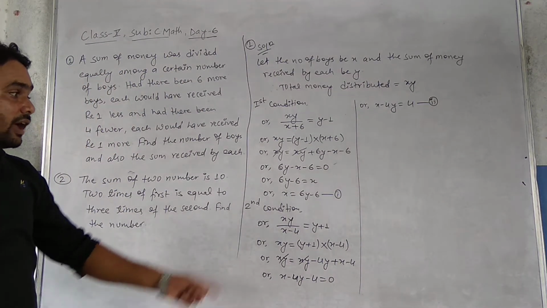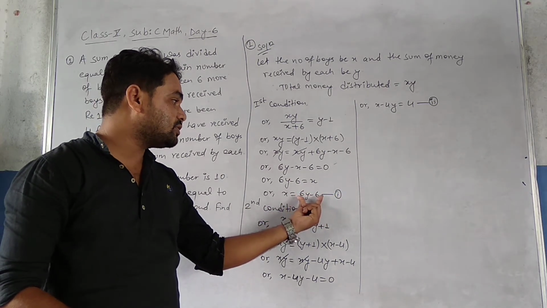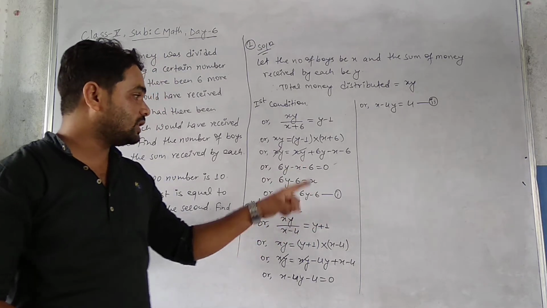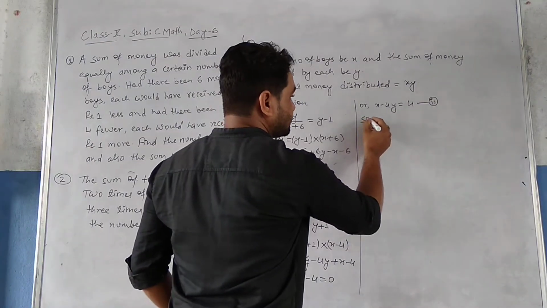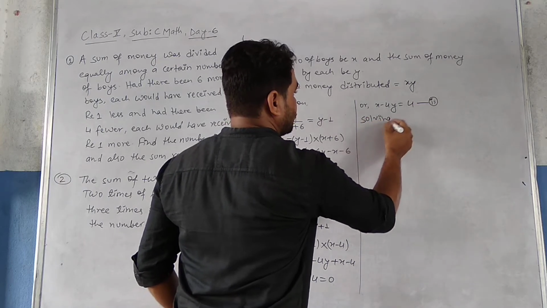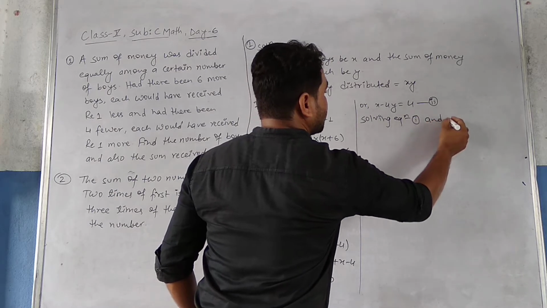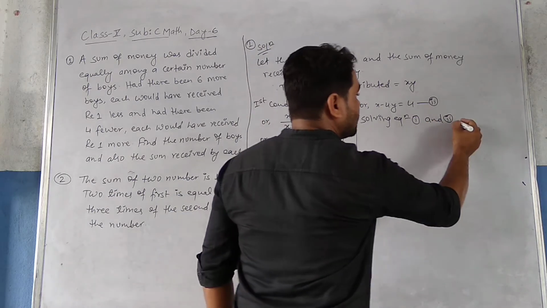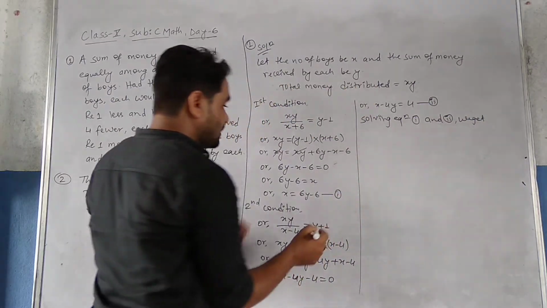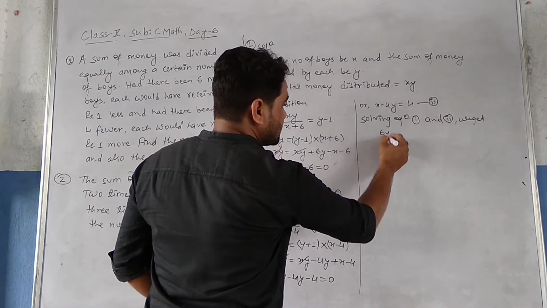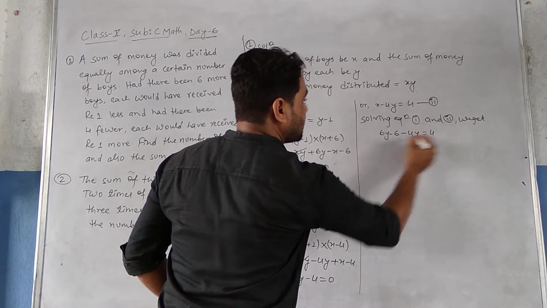And in the first equation we have made it in the simple form, that is x equals to 6y minus 6. So let's solve the first and second equations. Solving the first and second equations, we get that the value of x is 6y minus 6 minus 4y equals to plus 4.